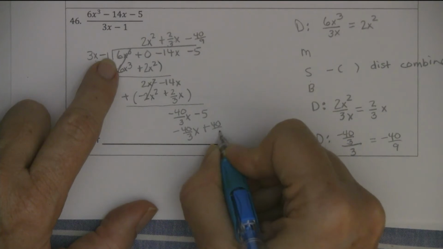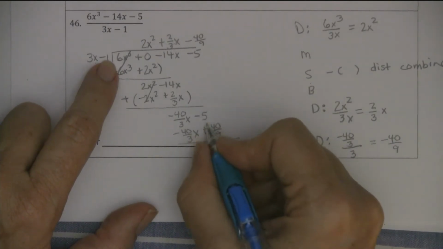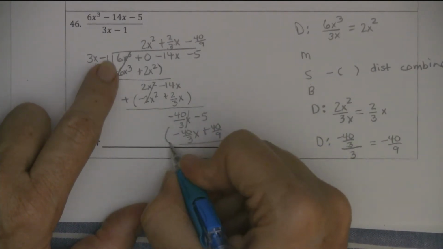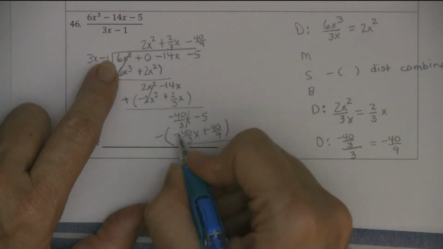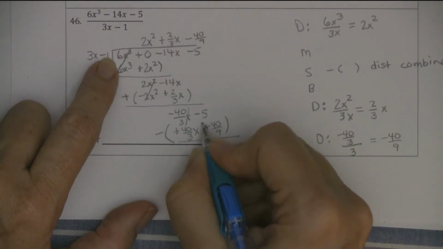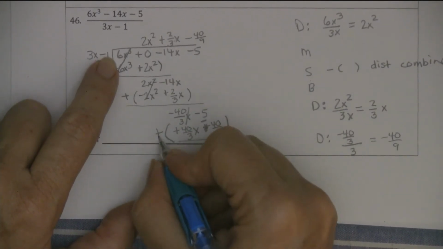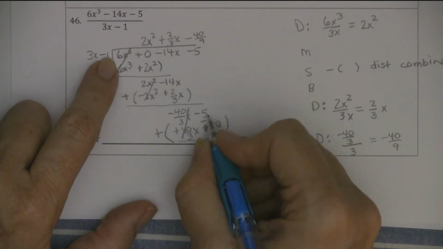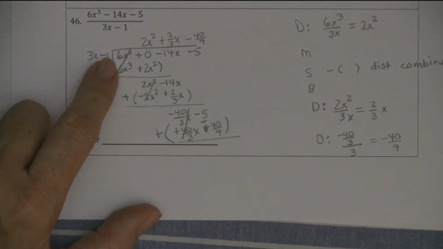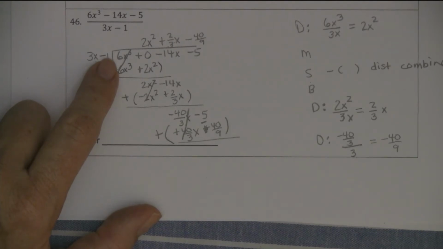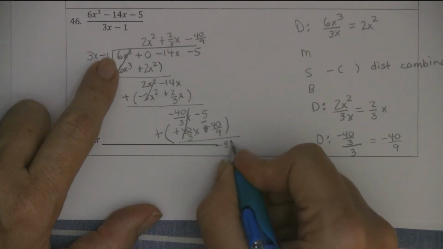40 over 9. And then I'm going to subtract and distribute the negative. And we're going to get this goes away, and we're going to get -5 minus 40 divided by 9 is -85 over 9.